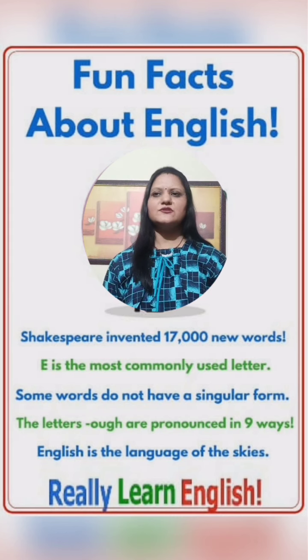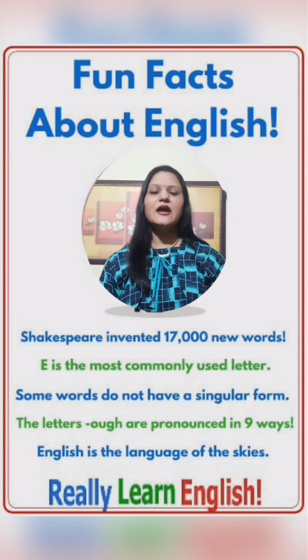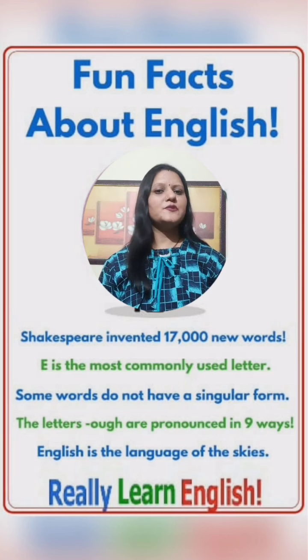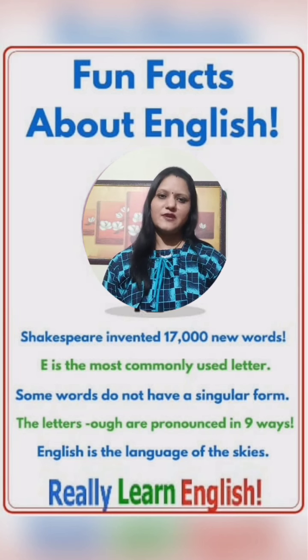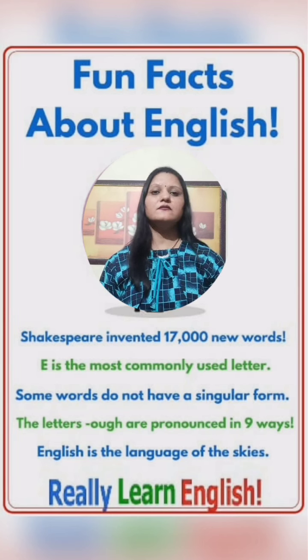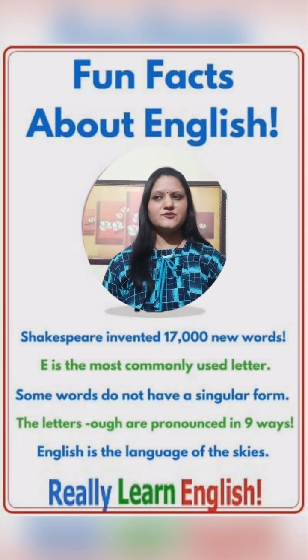Some words do not have a singular form, such as scissors, trousers, glasses, spectacles, etc. And the letter O is pronounced in 9 different ways, such as though, throw, plough, tough, ought, thorough, etc.